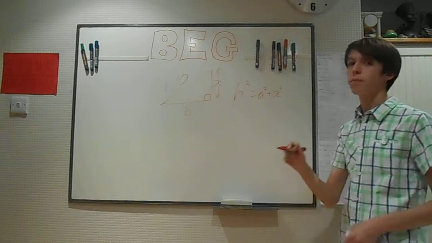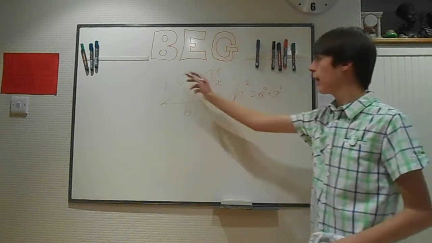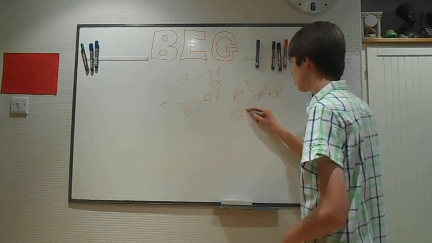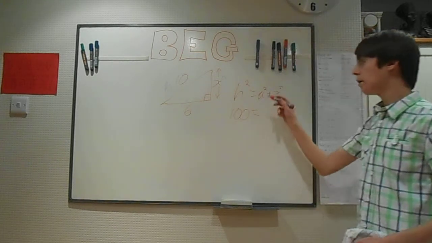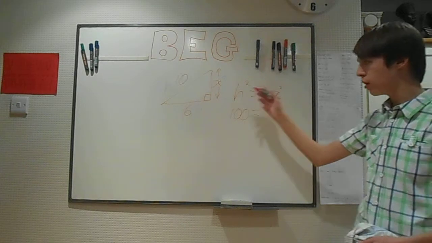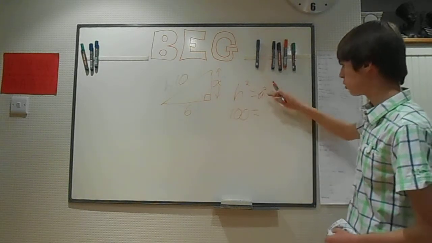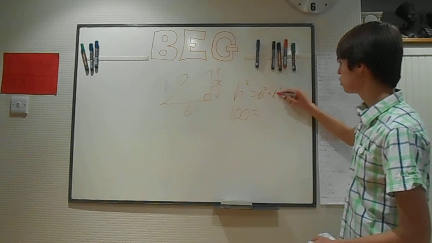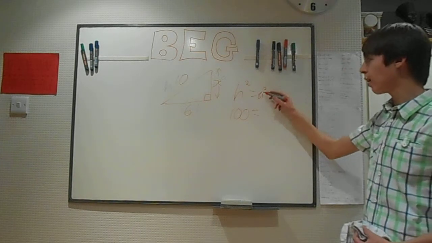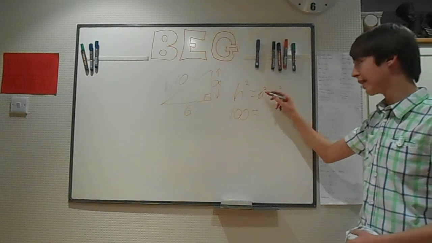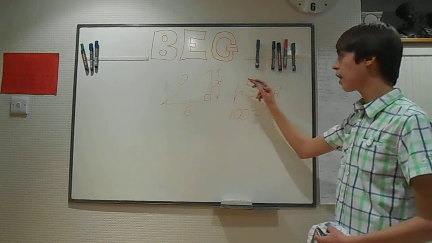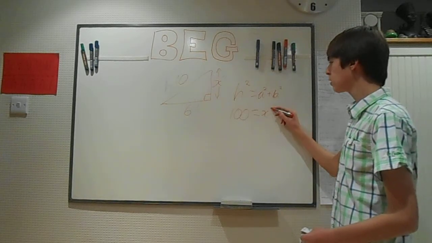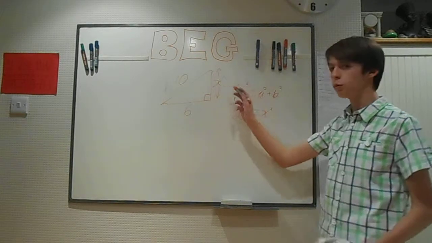H is equal to 10, and 10 squared is 100. So we put 100, and then is equal to a squared. Sorry, this should be b squared here. We don't know what a is equal to, all we know is that a is equal to x. So we just put in x squared, because x is what we're trying to find out.